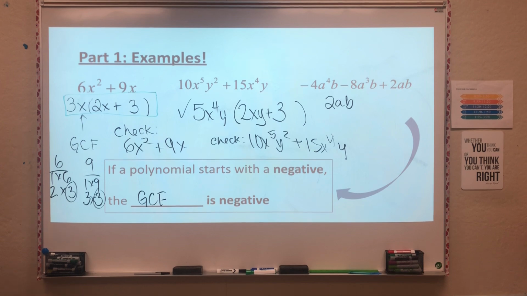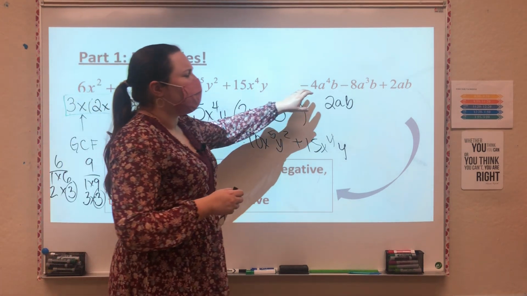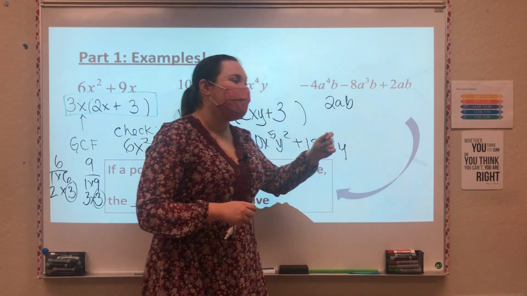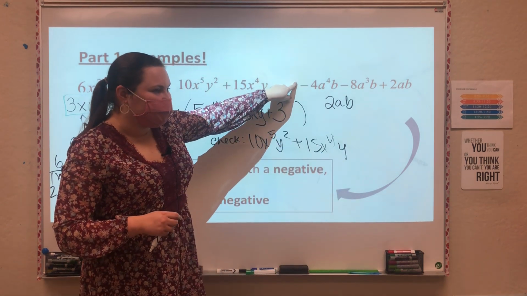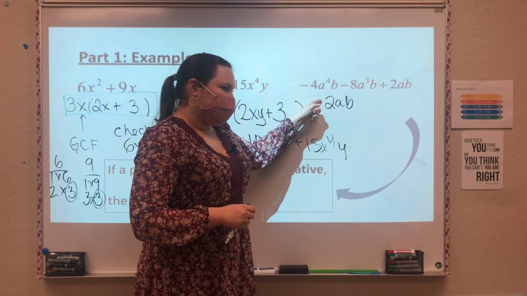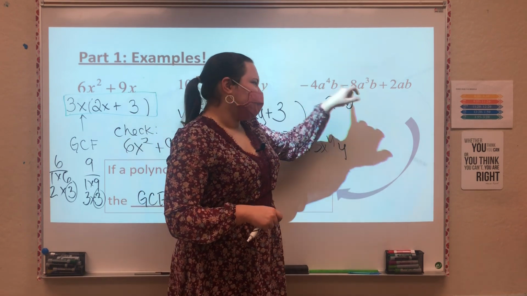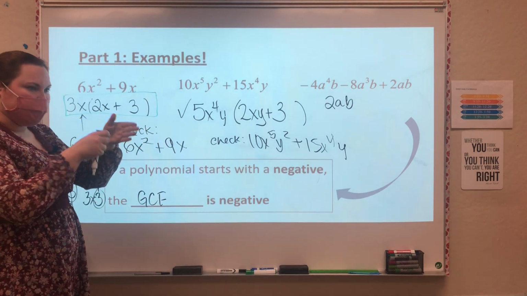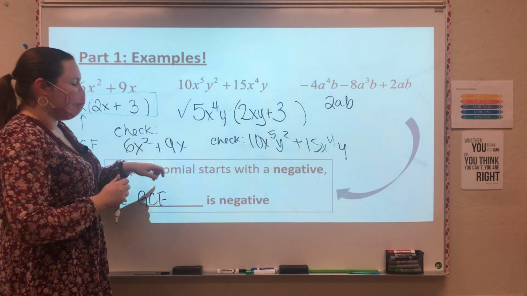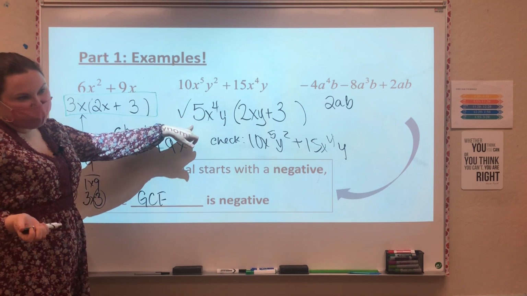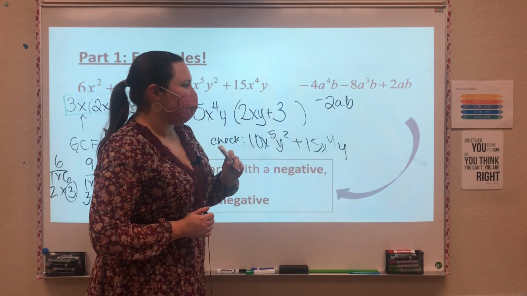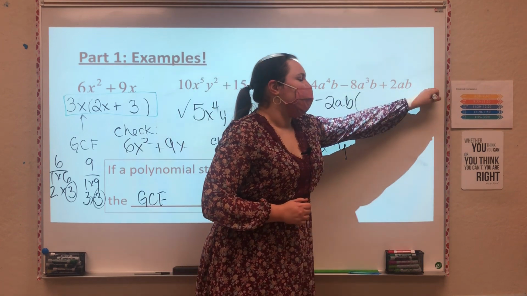There are multiple multiplication problems you can write that equal this. You could put a negative sign here, you could put a positive sign here, and still have something that equals this. So to create a rule so we all have the one same answer, the rule is if it's positive, your GCF will be positive. If it starts with a negative, our GCF will be negative. Once we know that, I think you can finish it now.